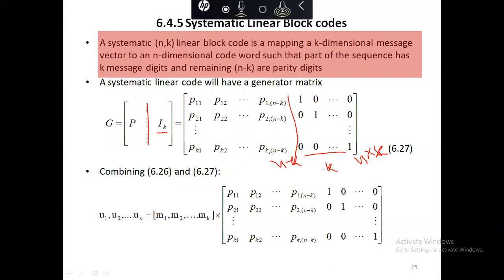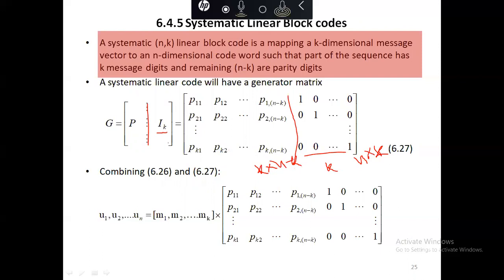So this will become a k square matrix, and the parity matrix will be k cross n minus k. This identity matrix helps to append the message.